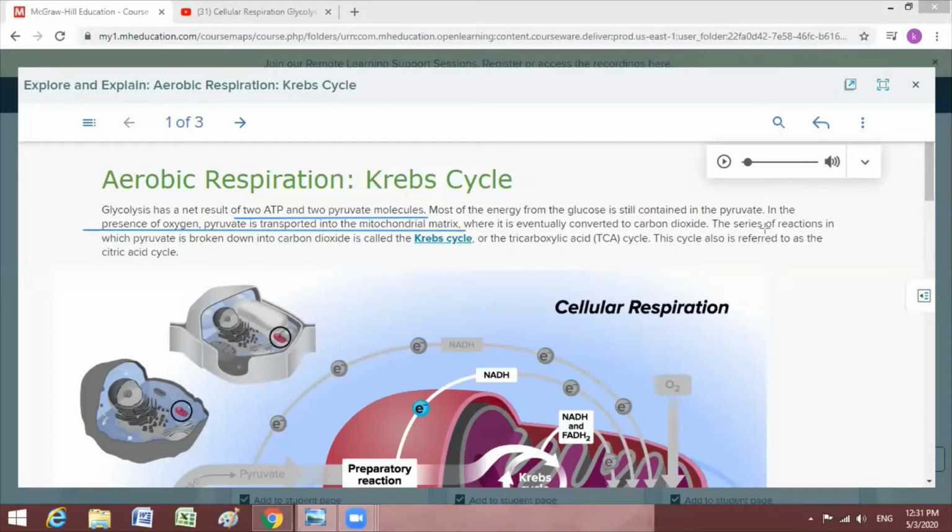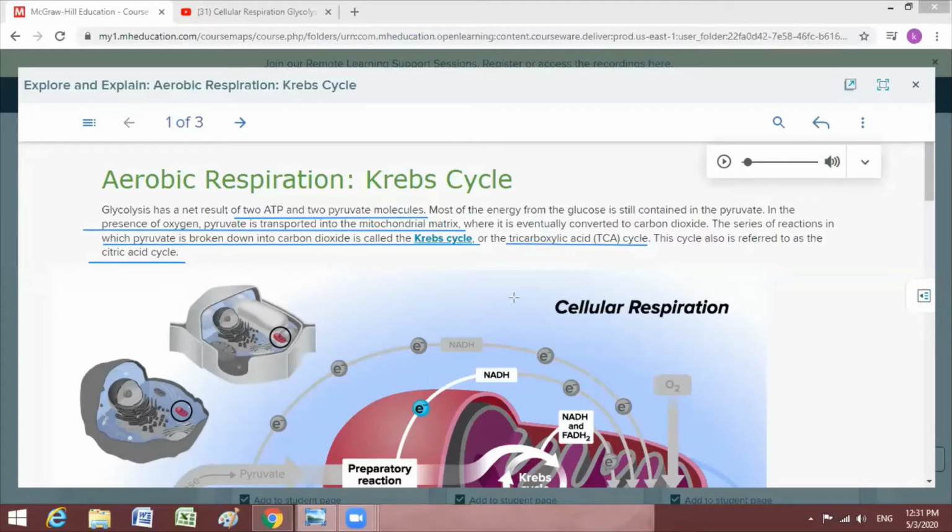So the reaction in which pyruvate is broken down into carbon dioxide, we call it the Krebs cycle, or another name, the TCA cycle, which stands for tricarboxylic acid cycle. Tri stands for 3, carboxylic acid, 3 carbon cycle, or another name, citric acid cycle.